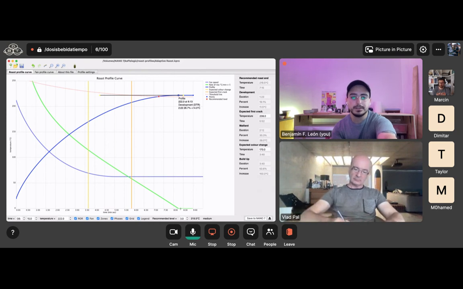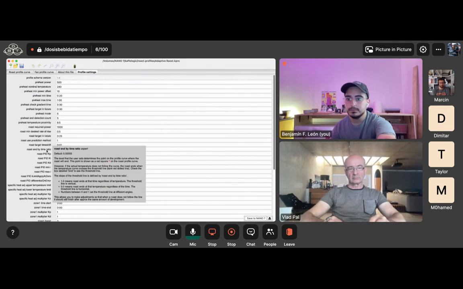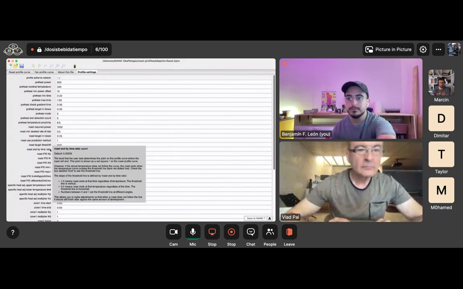Because after that point, as Vlad pointed out, the ROR curve goes flat, and unless you have the roast end by time ratio value set for just time, the roaster won't stop the roast at any predictable time. This dotted red line that goes through the curve is the roast end by time ratio value, right?